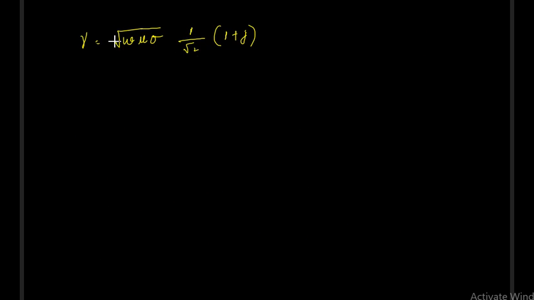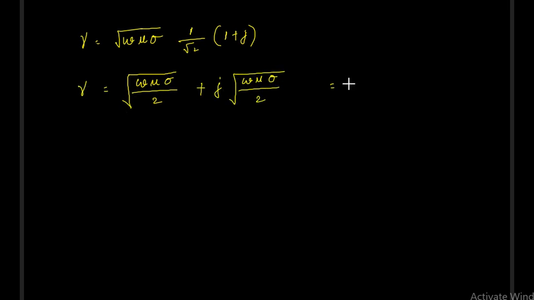Let us multiply these terms inside the bracket. It becomes the square root of omega mu sigma by 2, plus j times the square root of omega mu sigma by 2.